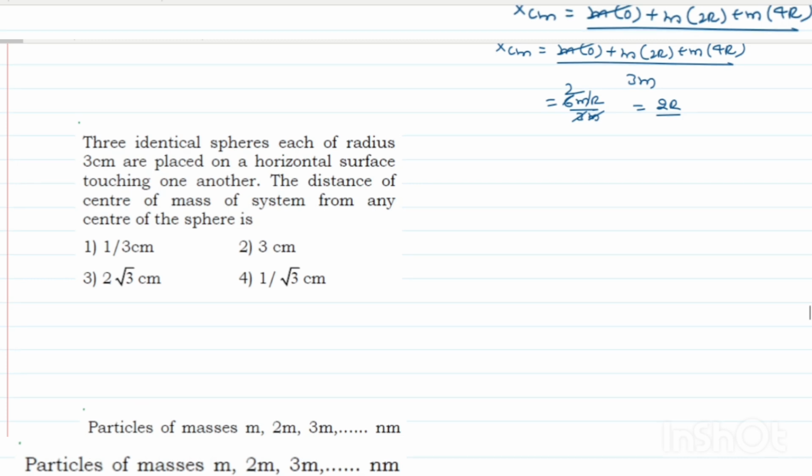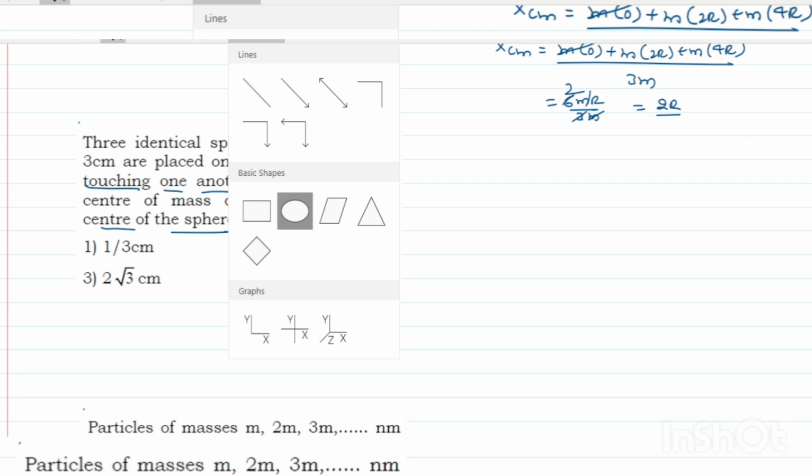Let us take the next question, students. Here are 3 identical spheres, each of radius 3 cm, placed on a horizontal surface touching one another. They are asking the distance of the center of mass of the system from any one of the centers of the spheres.